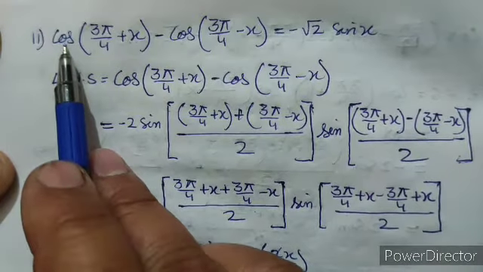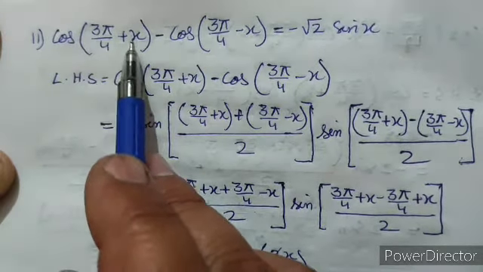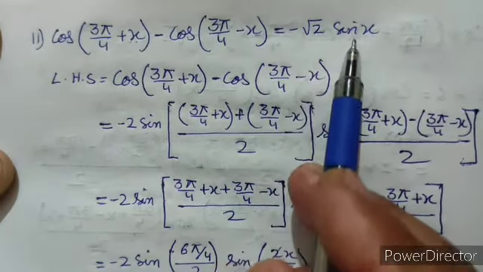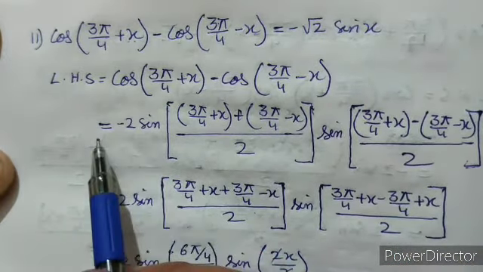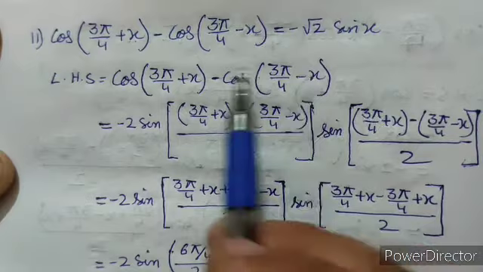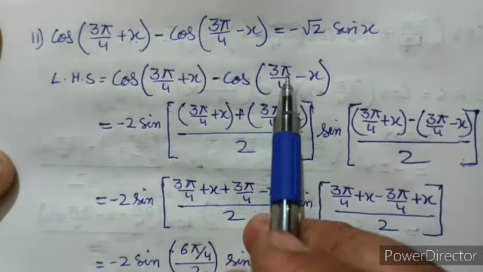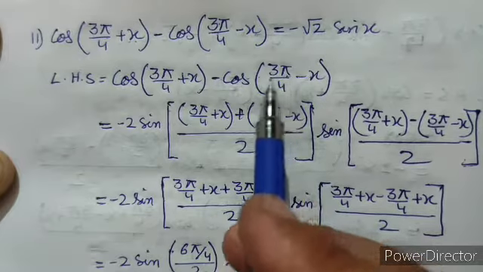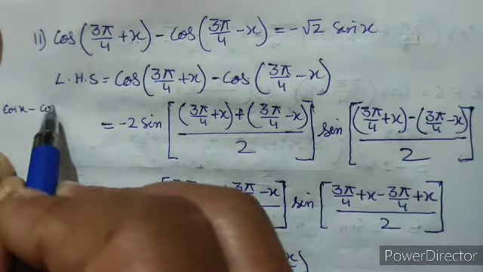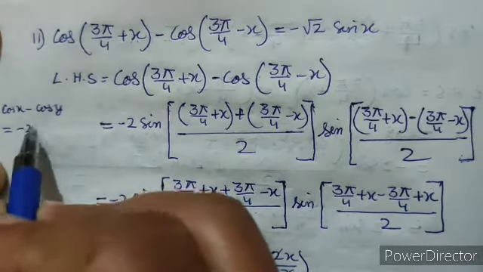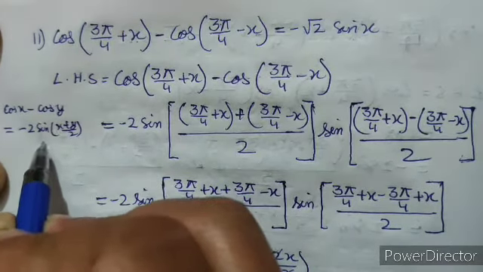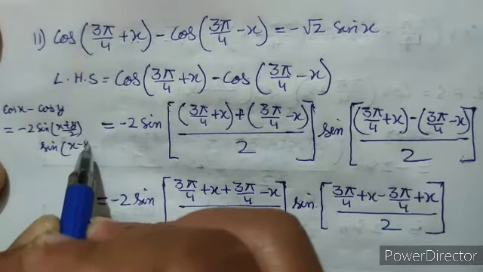In question number 11, we have to prove cos(3 pi by 4 plus x) minus cos(3 pi by 4 minus x) is equal to minus root 2 sin x. Now here the left hand side is in the form of cos x minus cos y. As we know, the formula for cos x minus cos y is equal to minus 2 sin((x plus y) upon 2) into sin((x minus y) upon 2).